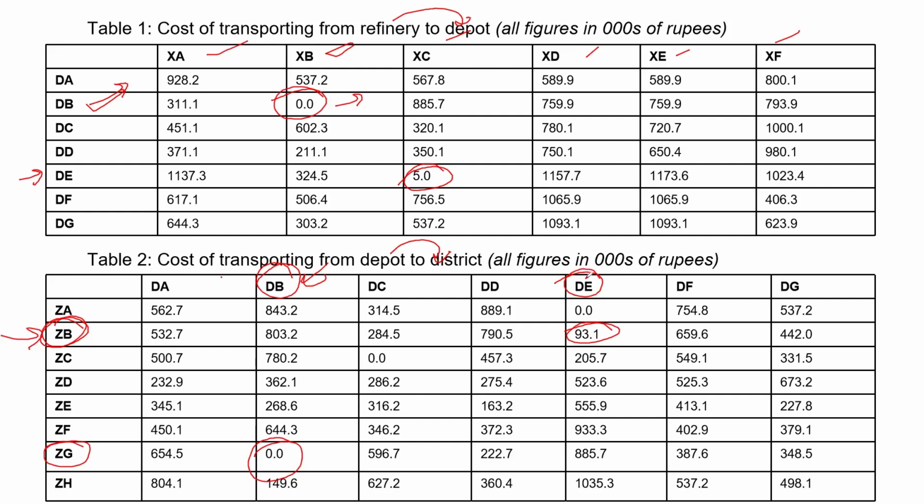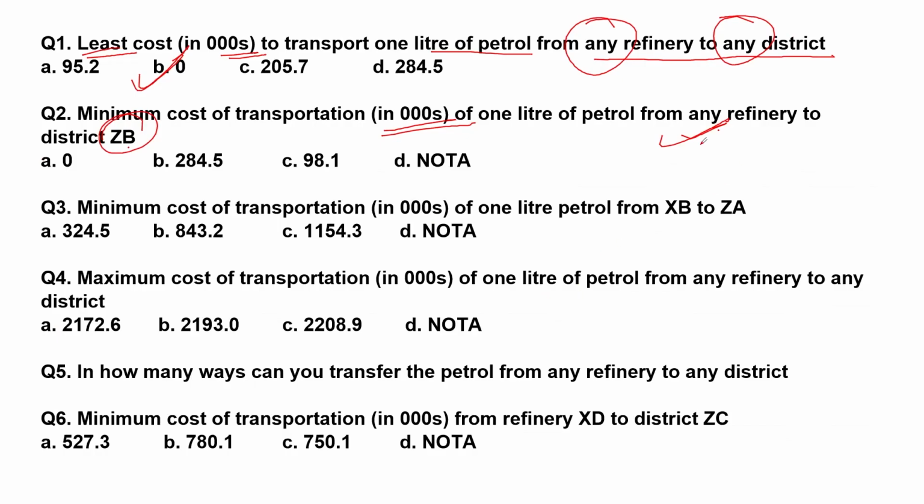And then from DE, I can take it to ZB, that is my final destination mentioned in the question, in 93.1 thousand rupees. So this is the minimum cost to take the petrol from any refinery to ZB. So that will be how much? 5 plus 93.1, that is how much? 98.1. So this is the minimum cost again.